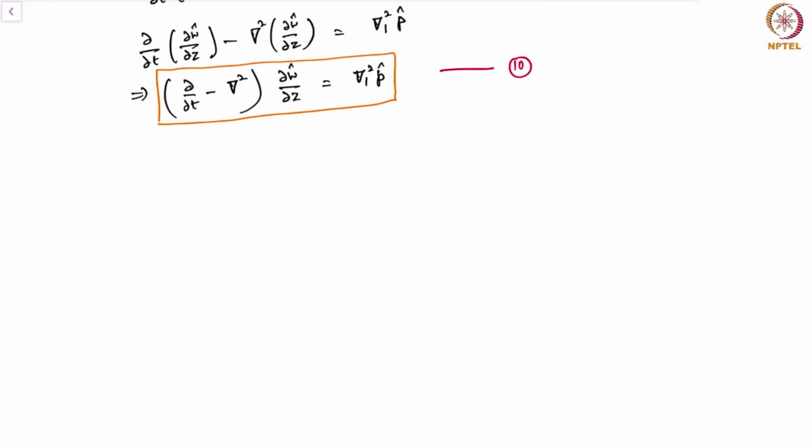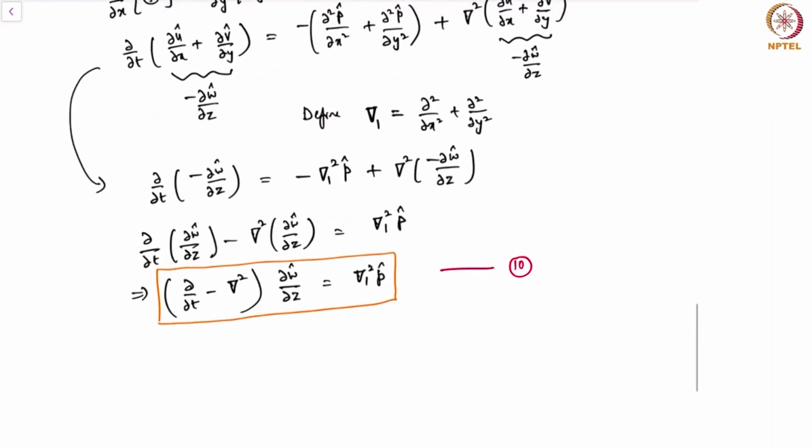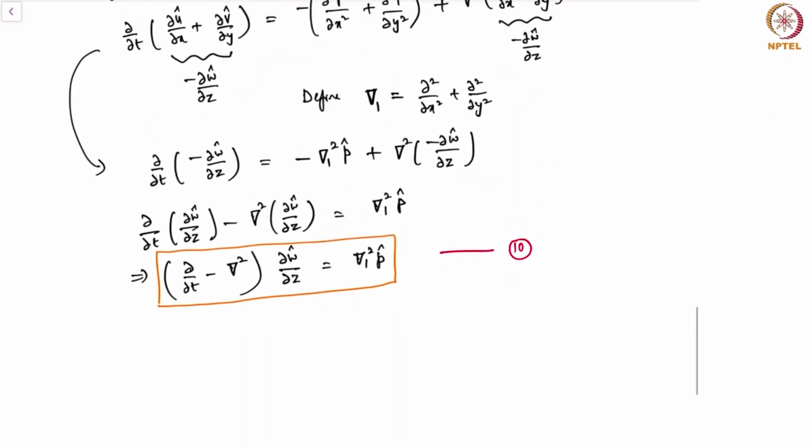Okay. So what we have now done is we have taken the continuity equation into account, right? We've already used the continuity equation to relate the two derivatives of u and v, that is del u by del x and del v by del y, in terms of minus del w by del z.